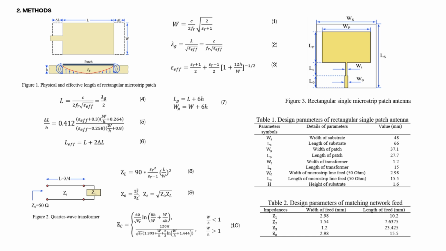To calculate the quarter wave transformer impedance, we will use equation 9. The length of the quarter wave transformer is equal to lambda divided by 4, and it can be seen from figure 2. The width of the quarter wave transformer and the microstrip feed with a characteristic impedance of 50 ohms can be determined using equation 10.